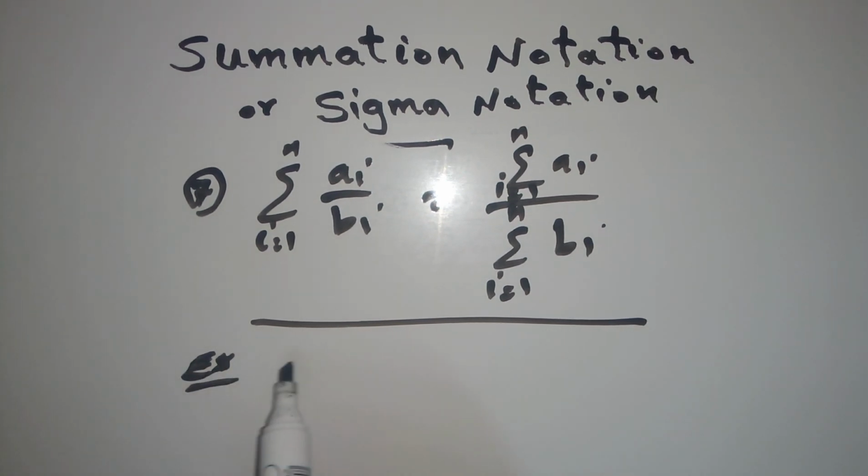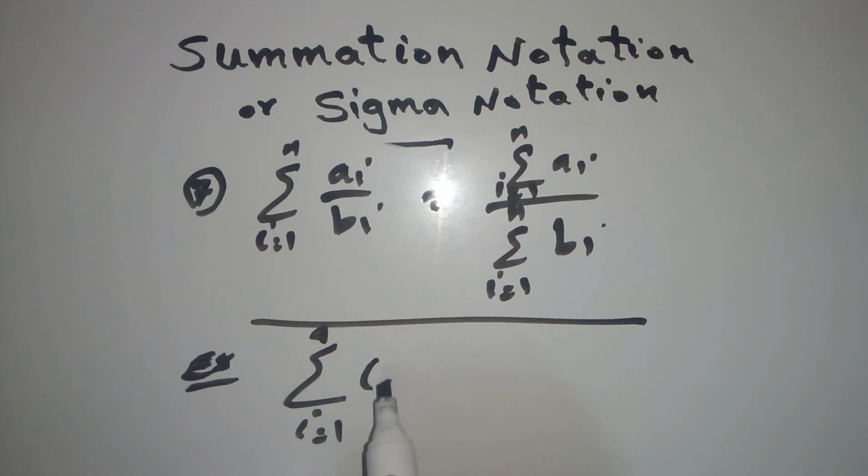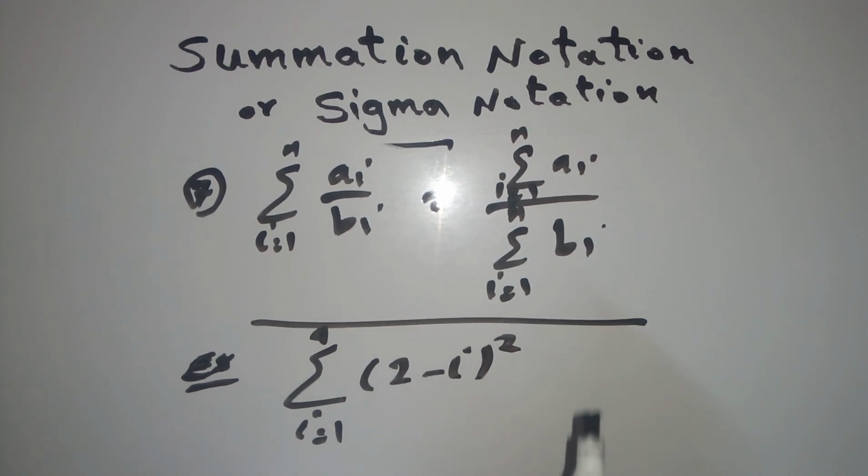Expand or evaluate the summation from i equals 1 to 4 of (2 minus i) all squared.